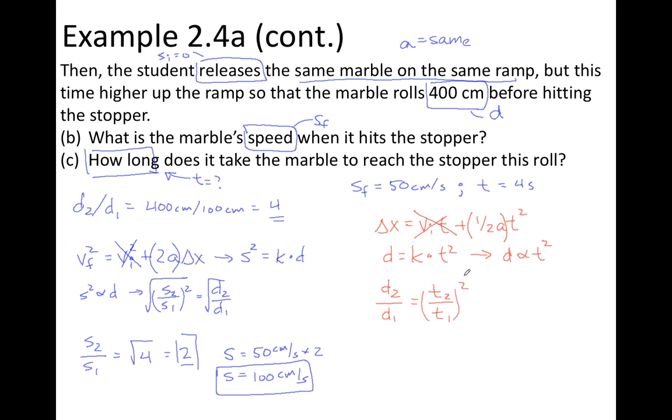And so again, if we take the square root, we again get the square root of that ratio, and that's going to tell us that t2 over t1 is equal to the square root of 4, which is 2. So it's going to take twice as much time. It took 4 seconds on the first trial, so it's going to take twice that, and the new time is going to be 2 times 4, or 8 seconds.